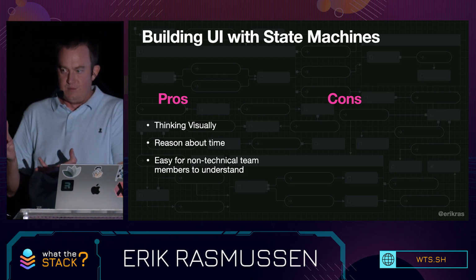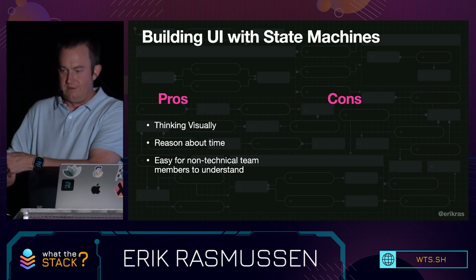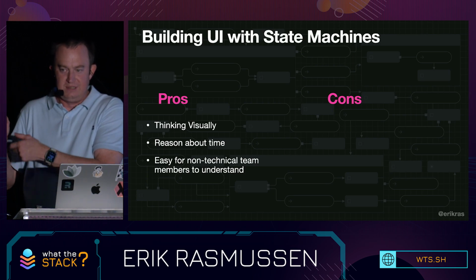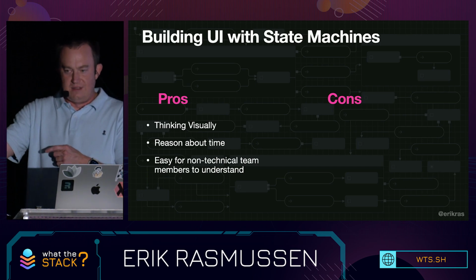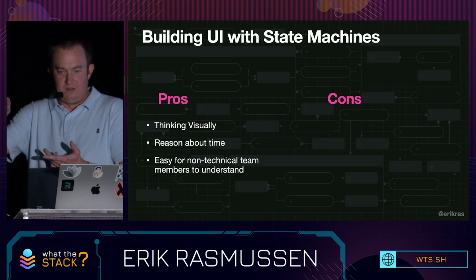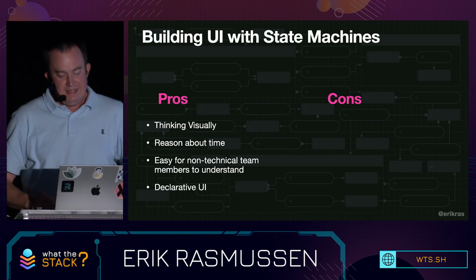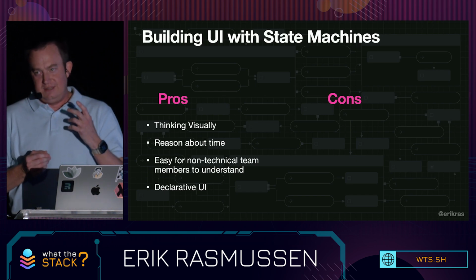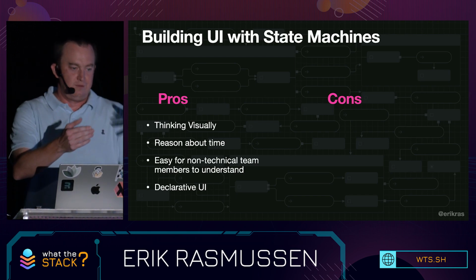I had a moment once where I had a state machine that I had built, and I was going over the state chart with one of my colleagues, and he said, wait a minute, that shouldn't go there, it should go over there. And someone that's never written a line of code in his life found a bug, and we fixed it by dragging an arrow. Very, very cool. And it brings us back to the dream of the declarative UI: when you're in this state, render this.